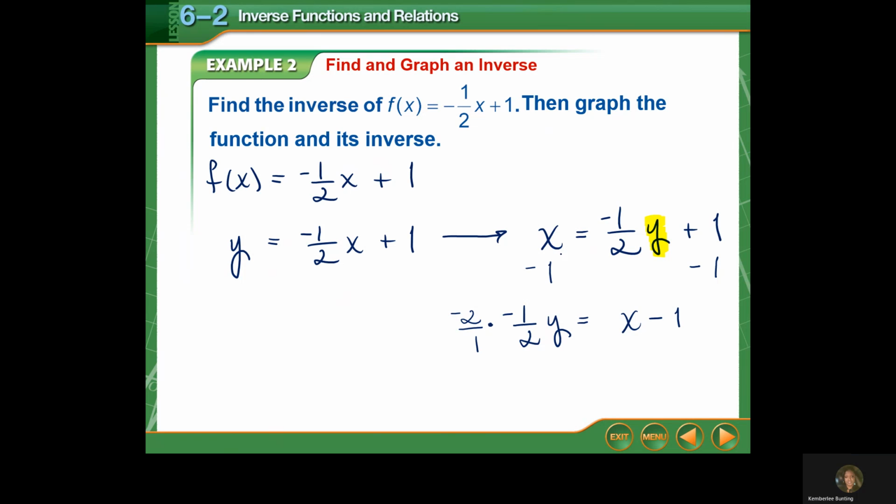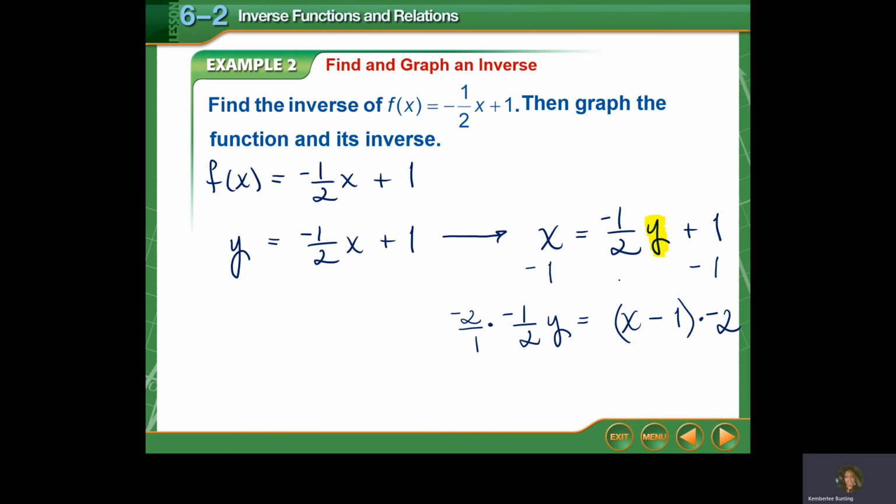And just like I multiplied by negative 2 over 1, which is just what? Negative 2 over 1 is just negative 2, right? I got to multiply it over here as well. Notice that I've thrown these parentheses around because everything has to be multiplied by negative 2.